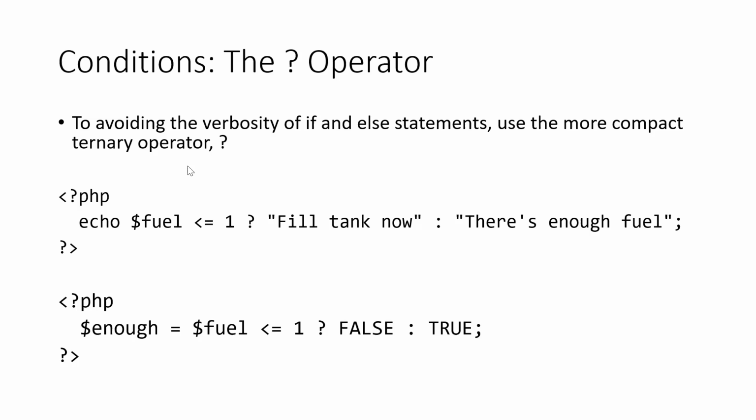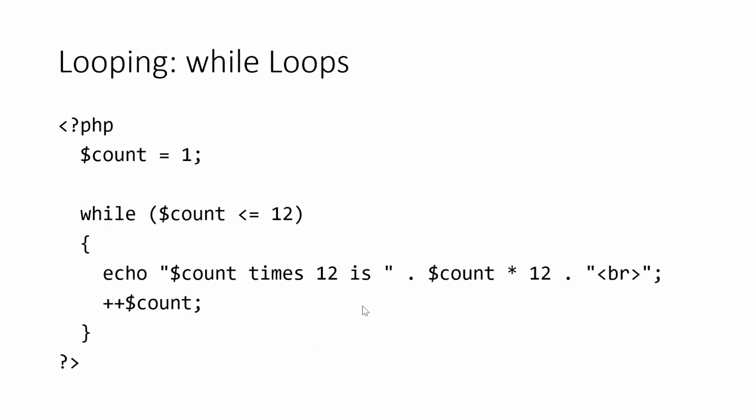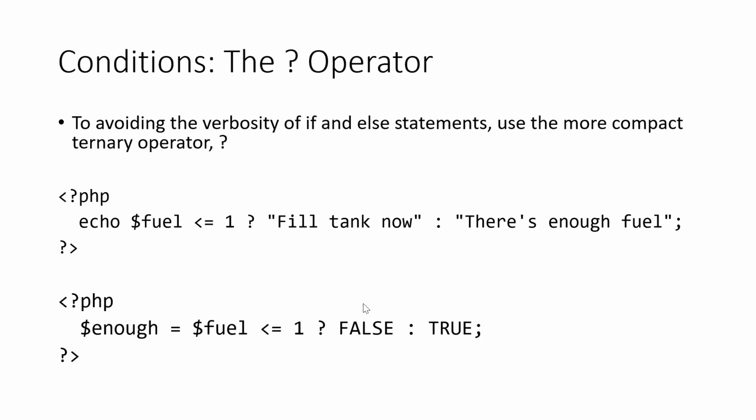The same thing we can use in another way: we can have a variable and then depending on the condition, we assign true or false. So if the fuel is less than 1, enough is false, otherwise this is true, right? So that is about the conditionals.